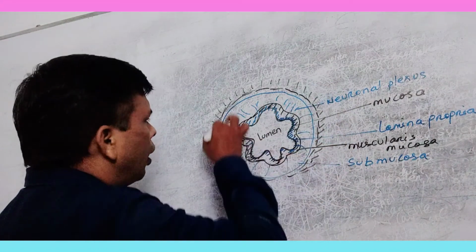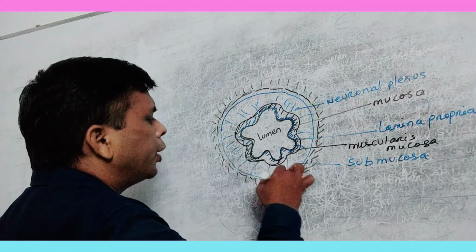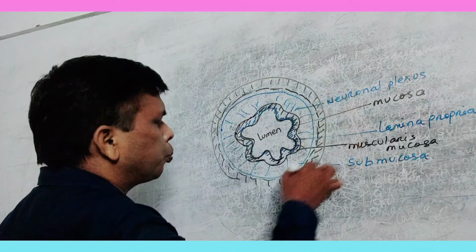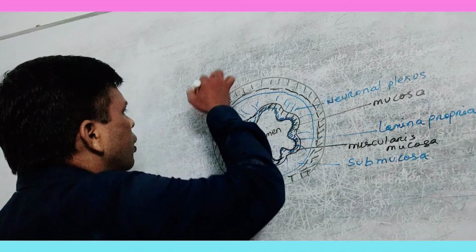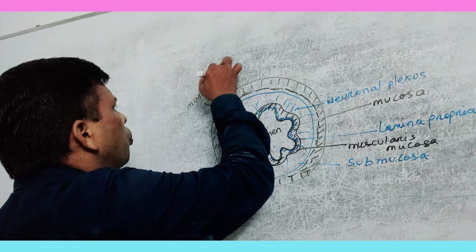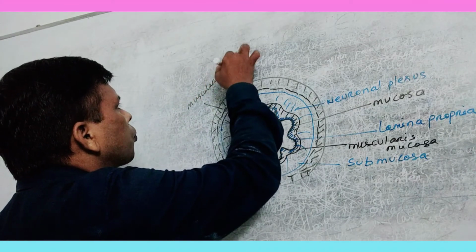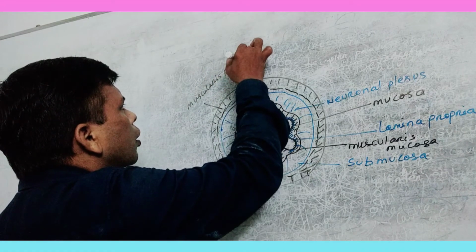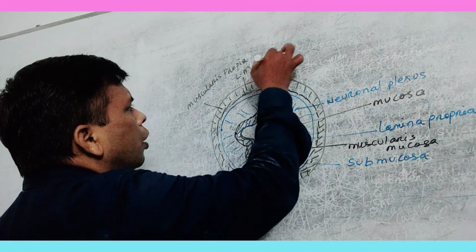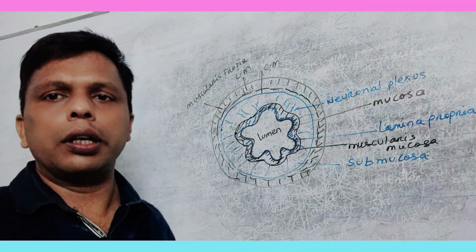Together these are called the muscularis propria. Outer longitudinal muscle, inner circular muscle. Clear?